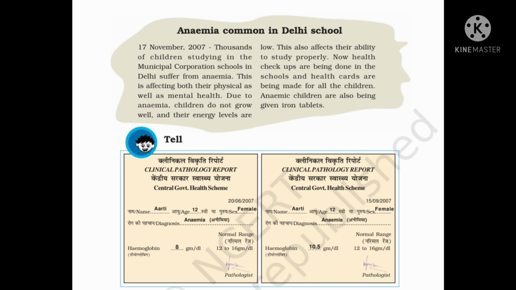We went through the details in a quick manner. Today we will go through the details in a brief manner. So, due to anemia, the children had a very low energy level and their growth was majorly affected because of this.